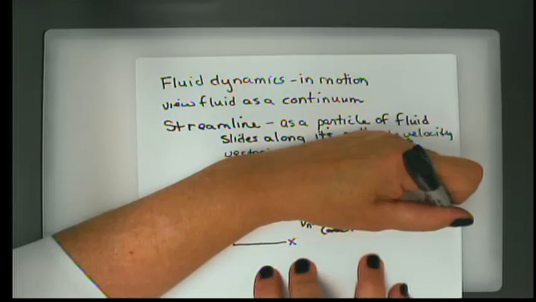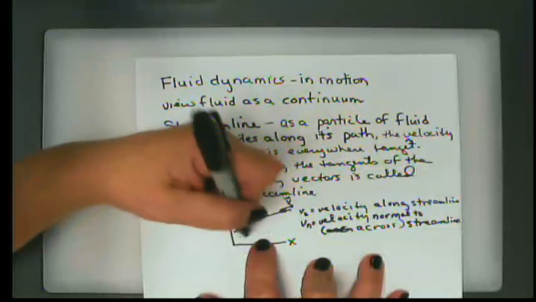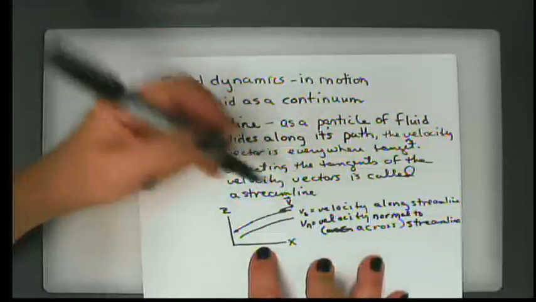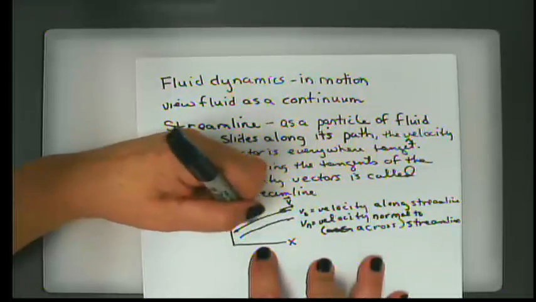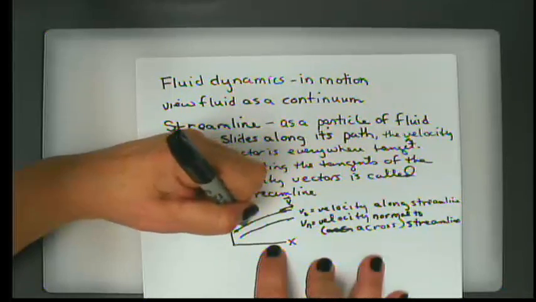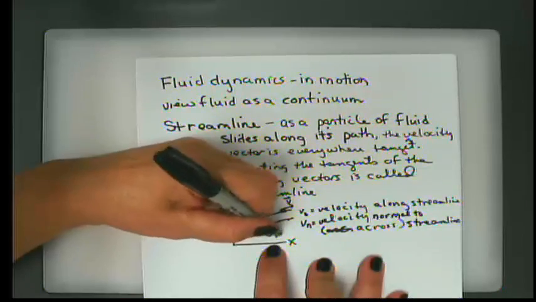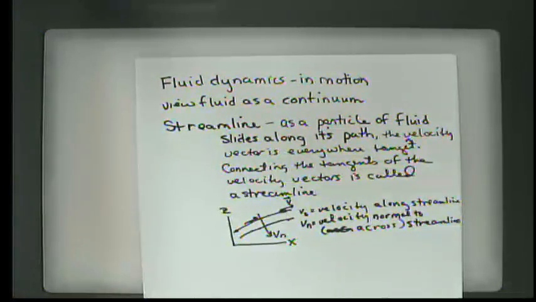What we've talked about so far is one particle. But if we had a pipe full of fluid or a tube or any sort of vessel full of fluid, we're going to have different streamlines, because one particle moves this way and another particle moves that way. So we're going to have the direction along the streamline, and the direction perpendicular to the streamline as well.